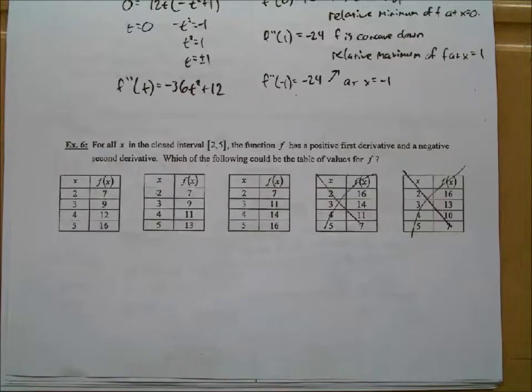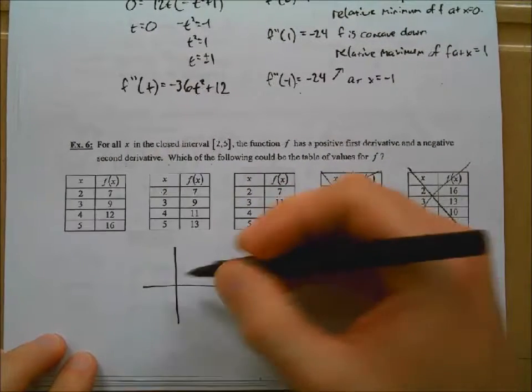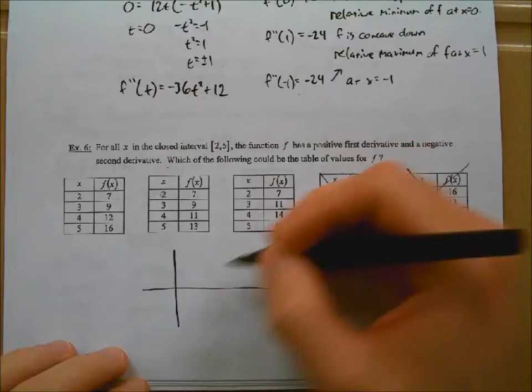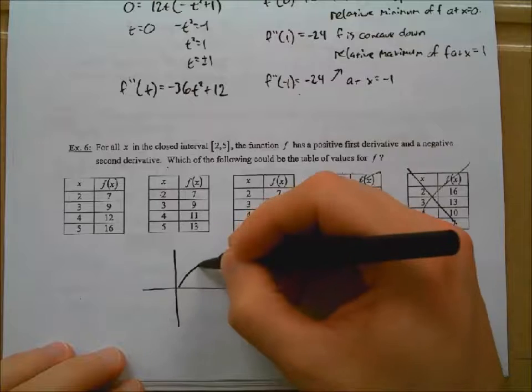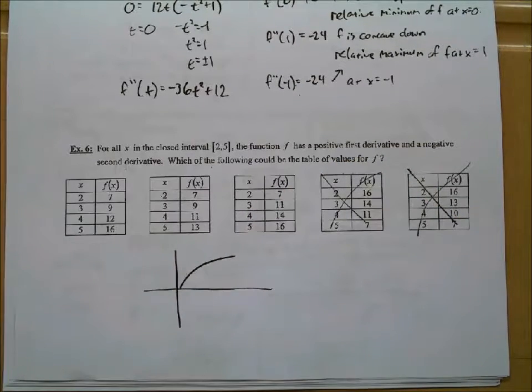Okay? Now, negative, whoops, I almost gave it away, right? So if you have a negative second derivative, that means we are going to be concave what? So increasing concave down, let's think about what it's going to look like. Increasing means I need to go up from left to right, but concave down means I need to be more frown-like. So it's going to look like that, right? That's increasing concave down.